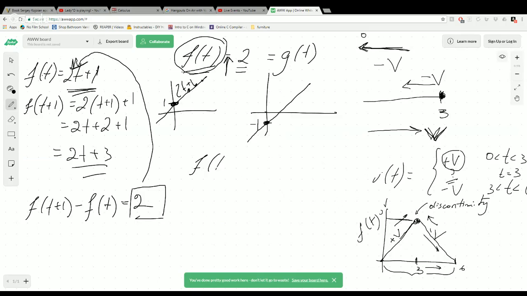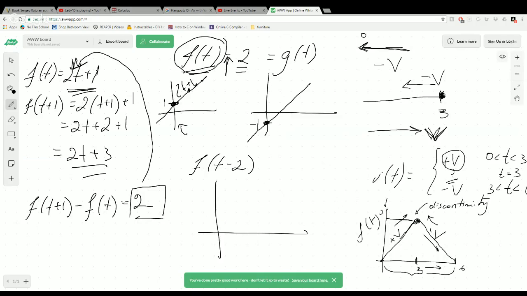f of t minus 2. So if you're a bit unsure about how to figure this out, plug in points. There's no shame in plugging in some points. So we have the graph of f. There it is. Now, I know that in f, when I plug in 0, I get 1. What happens if I plug in 0 here?